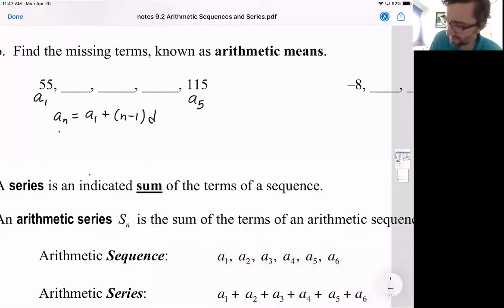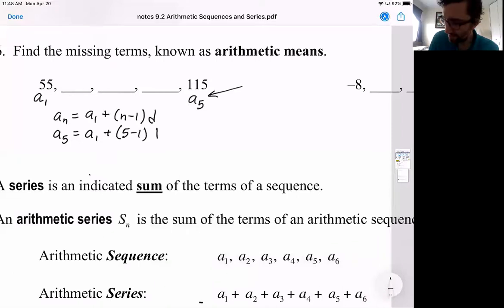A sub n is a sub 5, equals a sub 1 plus n minus 1 times d. A sub 5 is the fifth term here, so n would be 5. Now, the crux of the matter is finding d, the common difference. Once you know the common difference, all you got to do is add it to 55, and that's the second term, add it again, and then you're done.